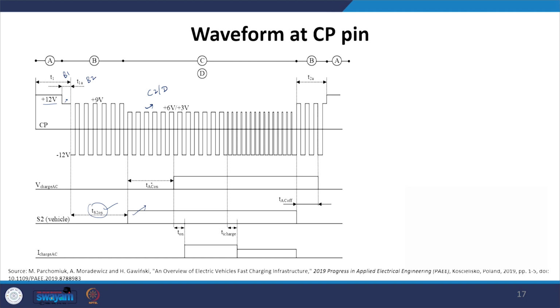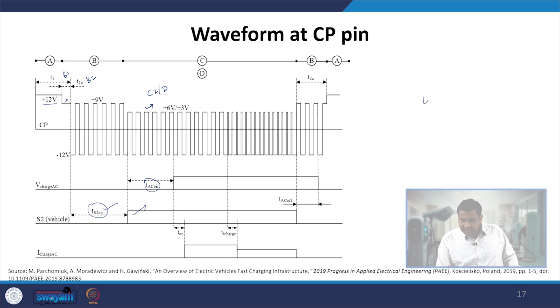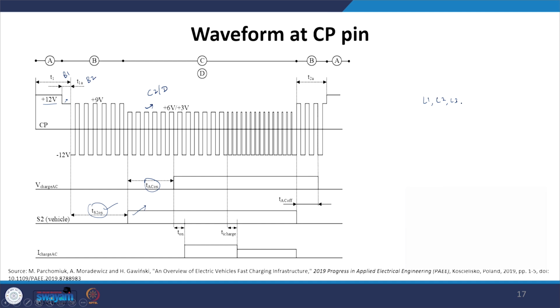So at this point, after T AC on, the alternating current will start appearing across the L1, L2, L3 pins, or those power pins, and then after T on period, the vehicle will start drawing current, because after the contactor gets turned on, the BMS of the vehicle will take some time and then start drawing current from the AC source.